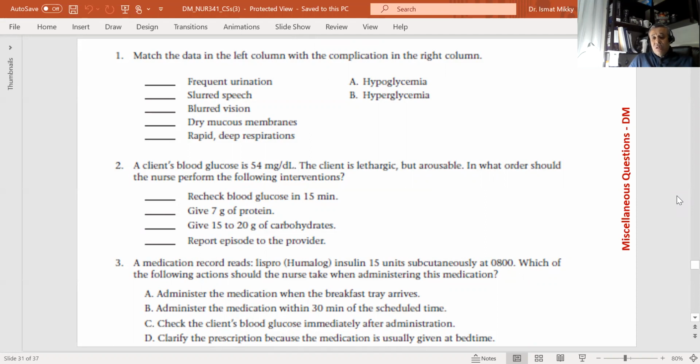Each setting or hospital has its own protocol for hypoglycemia. But if the patient's glucose level is less than 70 and the patient is unconscious or unresponsive, then you will give glucagon 1 milligram IM or sub-Q injection. Next question.